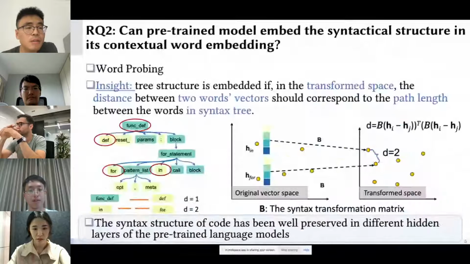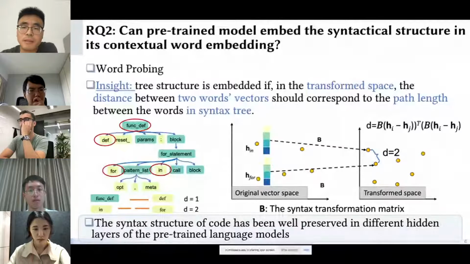Our second research question is, can pre-trained models embed the syntax structure in their contextual word embeddings? In this research question, we propose a word probing approach. The key insight is that the tree structure is embedded if, in the transformed space, the distance between two word vectors corresponds to the path length between the words in the syntax tree.